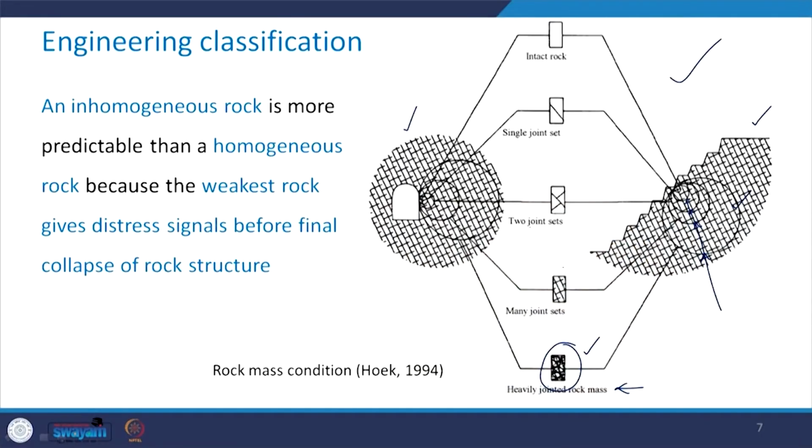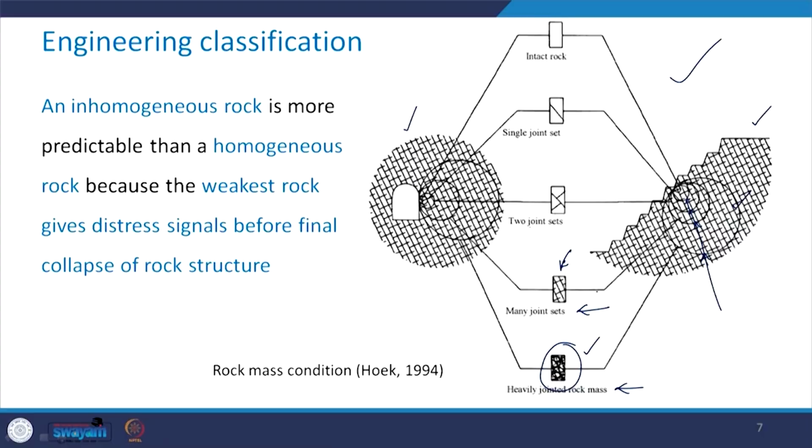The number of discontinuities inside that circle is going to be lesser than the previous one. So, although there are going to be many joint sets, as compared to this case, it is going to be a smaller number of joints. So, we are calling this many joint sets in this specimen.